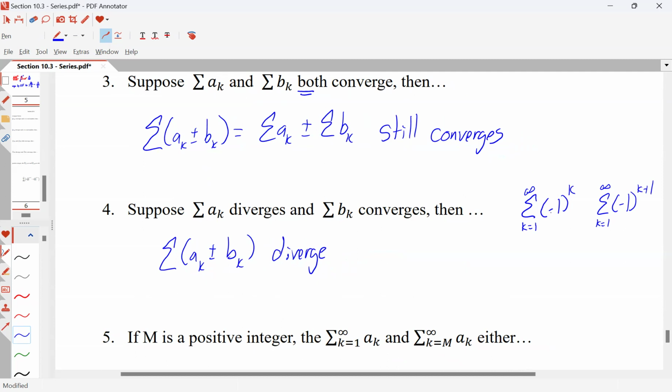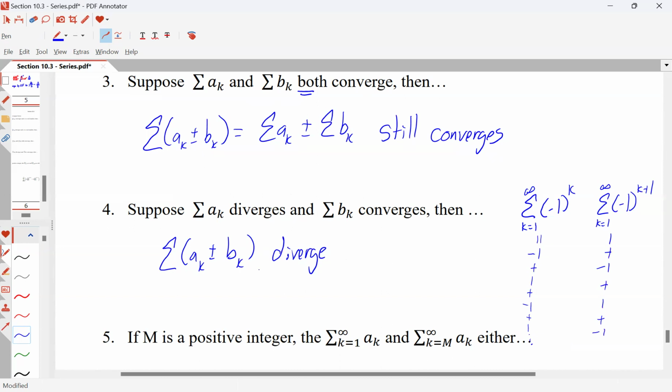However, this series is -1 plus 1 plus -1 plus 1, and so on, and this one flips those signs. This is 1 plus -1 plus 1 plus -1.